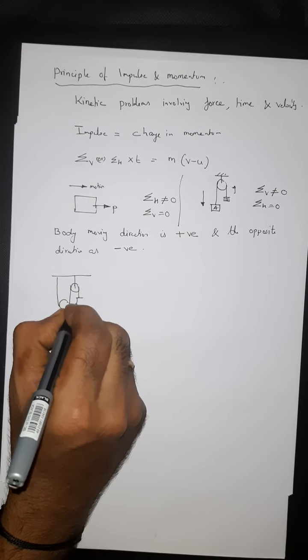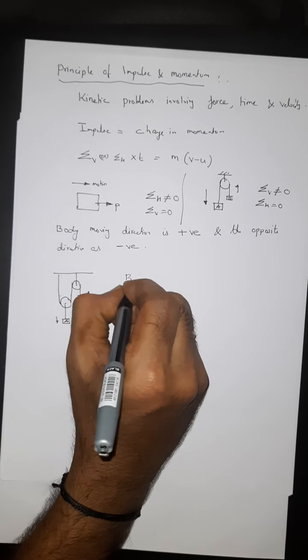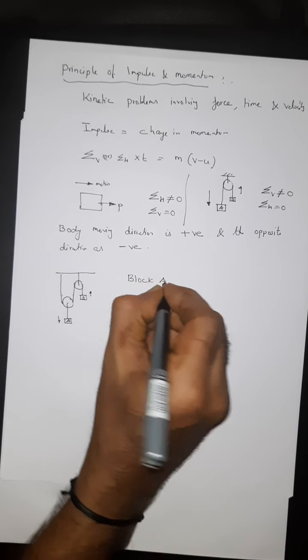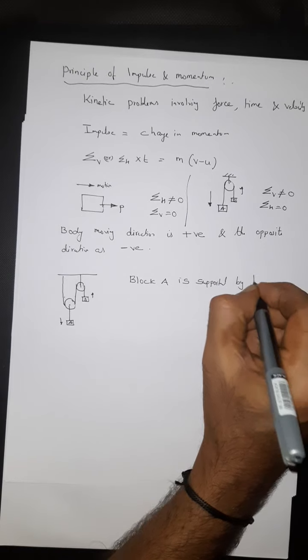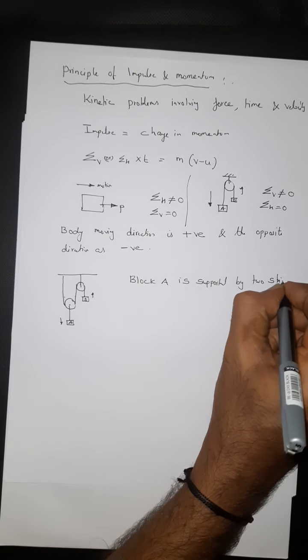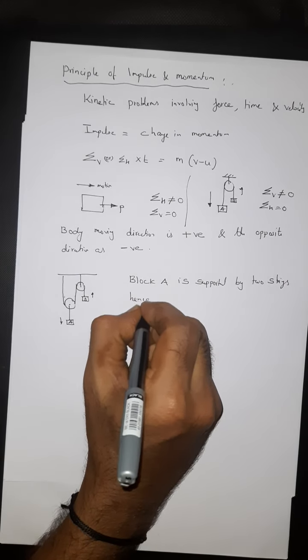So here the block A pulley is supported with two strings, hence the velocity of block A shall be half of the velocity.